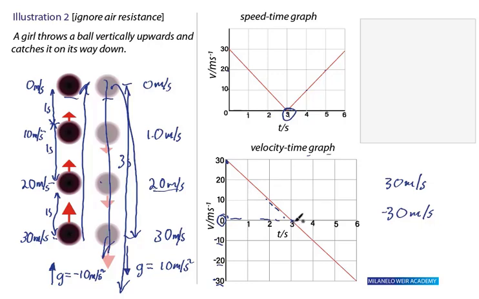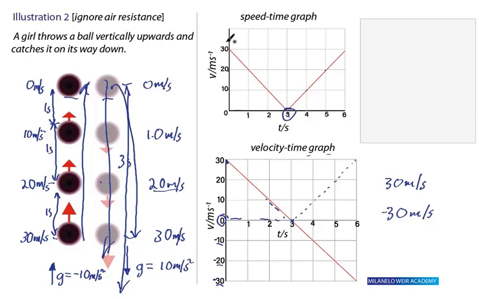For the speed graph, remember, it was just in the same direction in a way. It doesn't tell us the direction. These are positive values. So speed cannot have negative values.